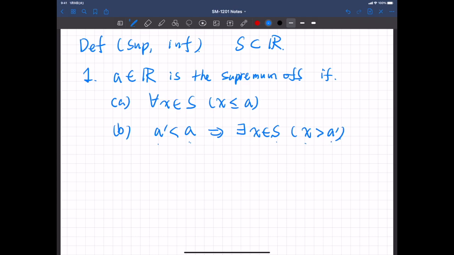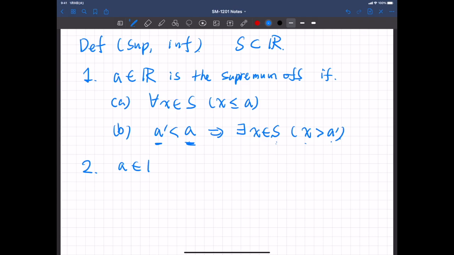So this A prime cannot be an upper bound of S. So this means this A is not just an upper bound, but it is the least upper bound of S. Okay.